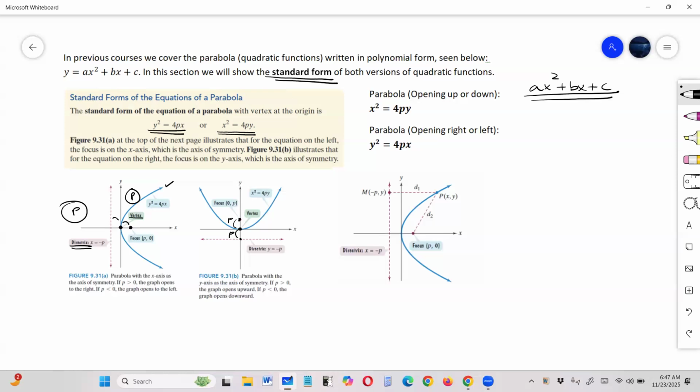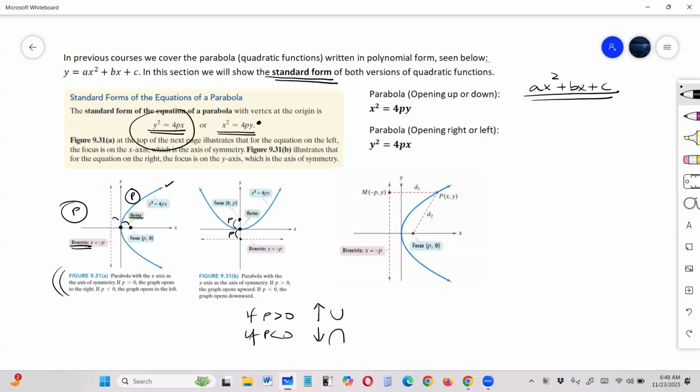So here is the information that we need. For the parabola that opens up or down, if p is positive, the parabola will open up. If p is negative, the parabola will open down.